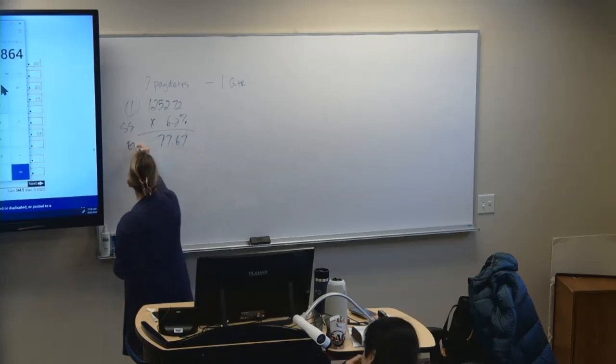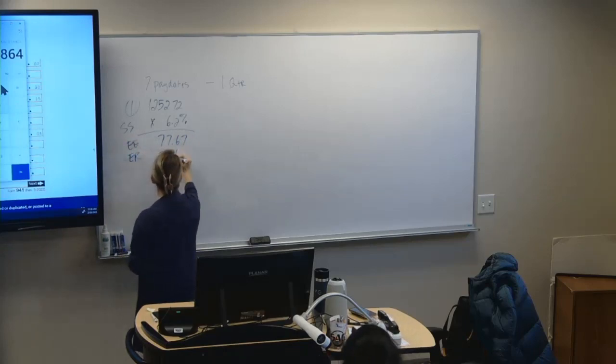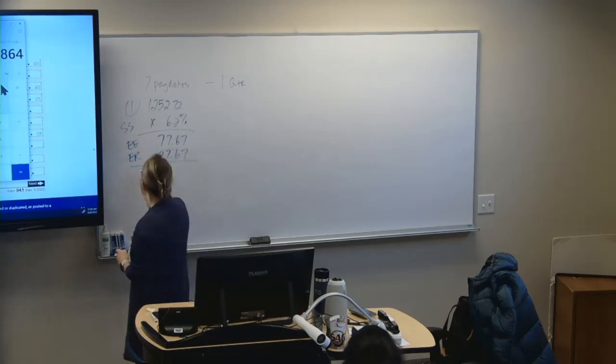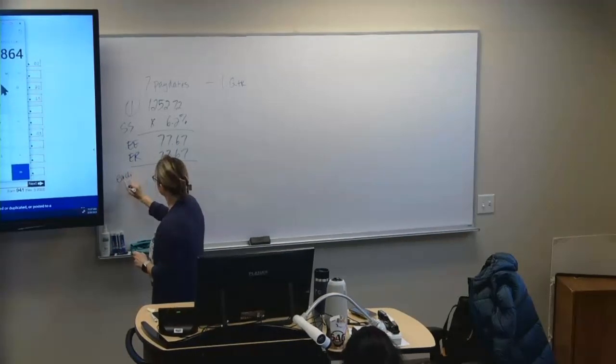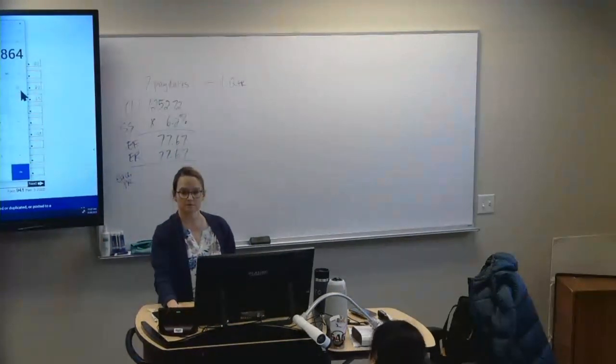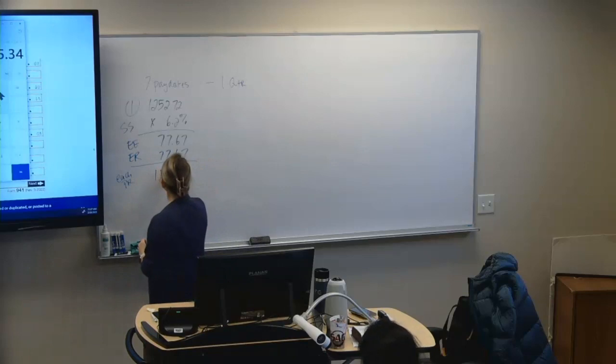And this is the employee portion, and then the employer portion, 77.67. So for each payroll, the Social Security tax, we're going to add those two together: $155.34.